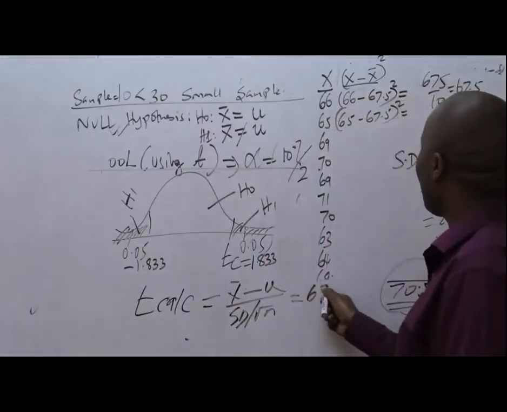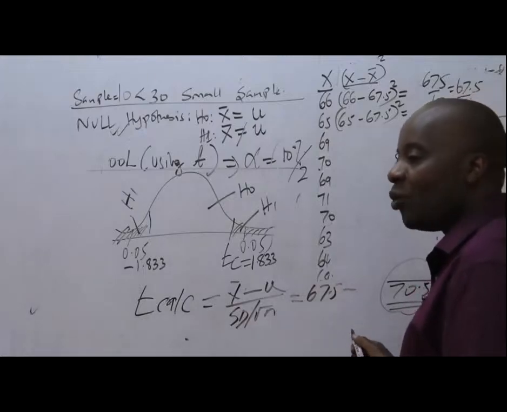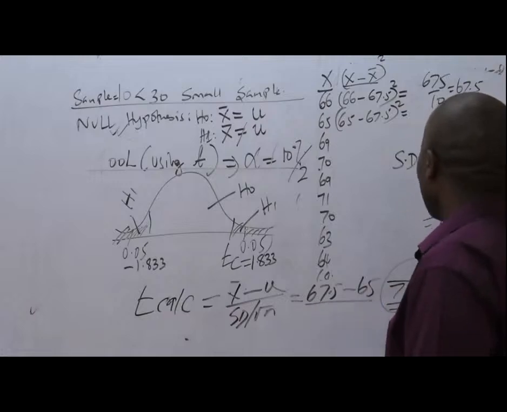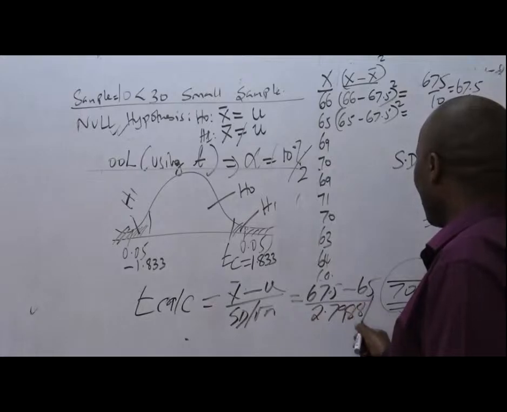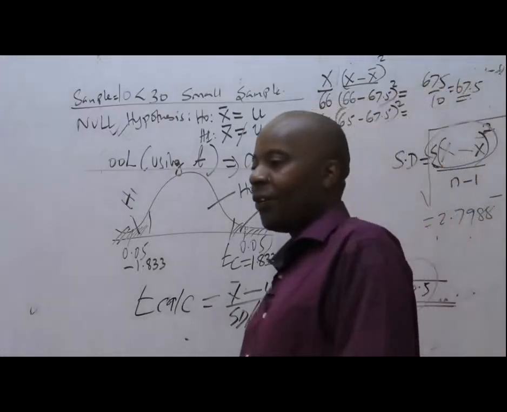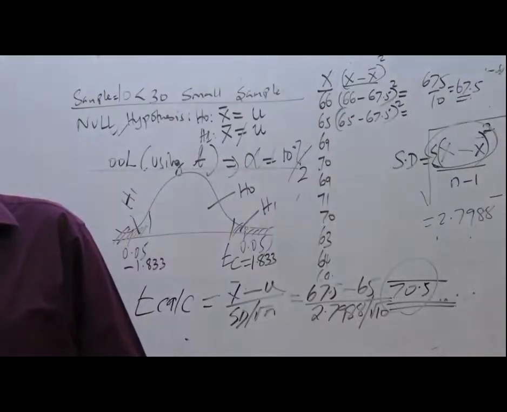Of 67.5, minus the mean which is what here? The mu mean, which is 65, all over the standard deviation that you guys gave me as 2.7988, all over square root of n, which is 10.